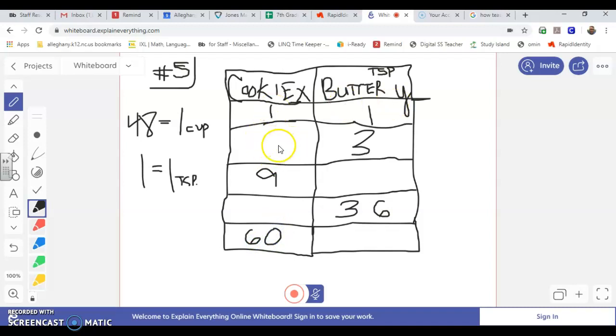So if it's a 1-to-1, that makes life so much easier. Now that we know that, it looked like it was going to be a difficult problem to solve, probably. I didn't think so, because I knew how to do it. Alright, so there's your chart completed. And now we can take this chart and we can graph it. And that's what we're going to do next.